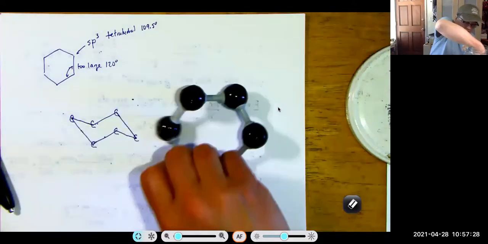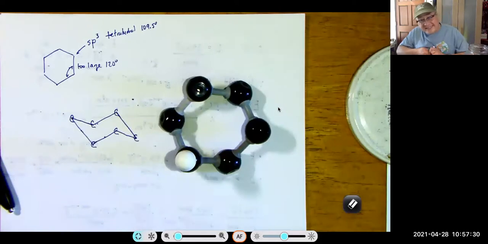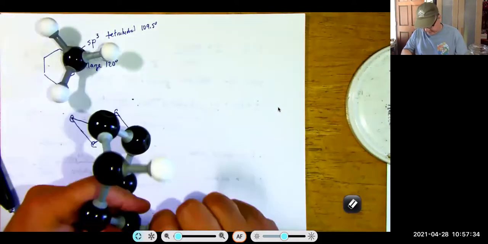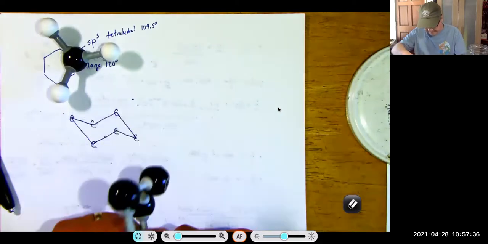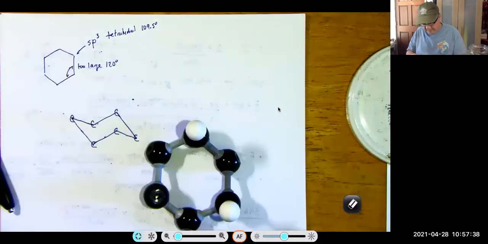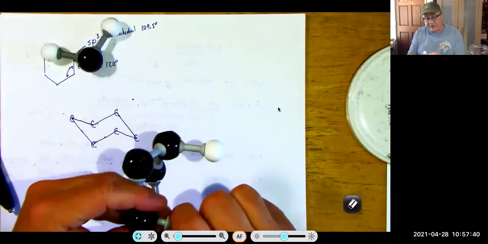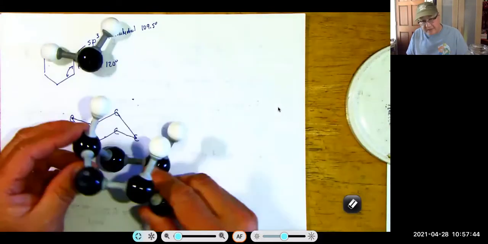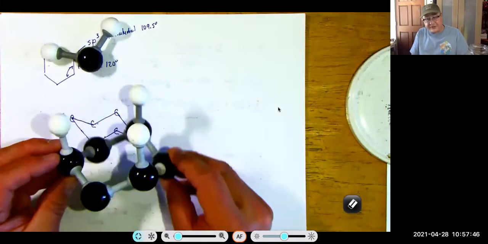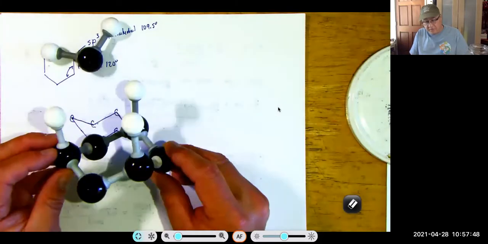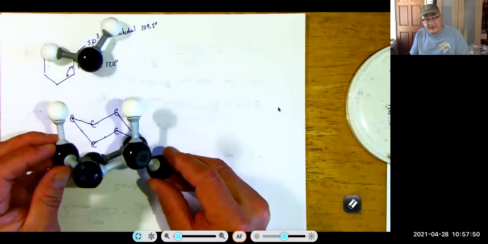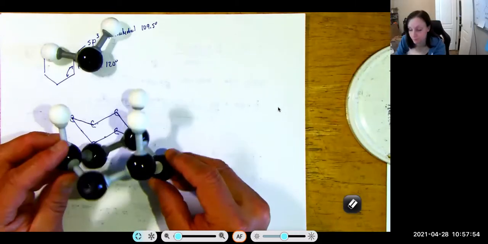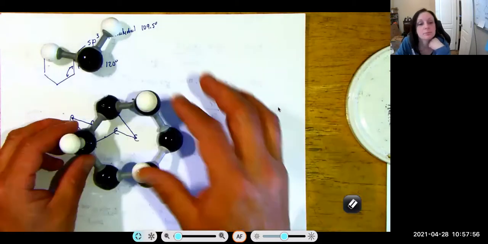And actually, I will show you all 6 axial positions. So these are 3 of the axial positions. Do you see how the axial positions form a nice plane of hydrogens, in the shape of a triangle when you look at it from the top?